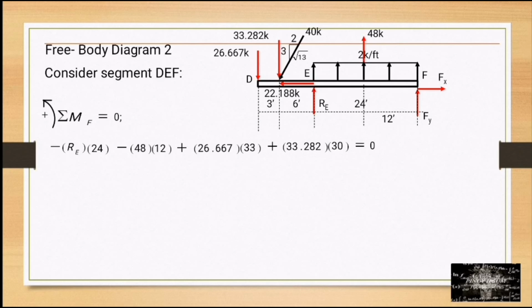So using calculator, RE is equal to 54.27 kips. So upward, no? So correct yung assumption natin.